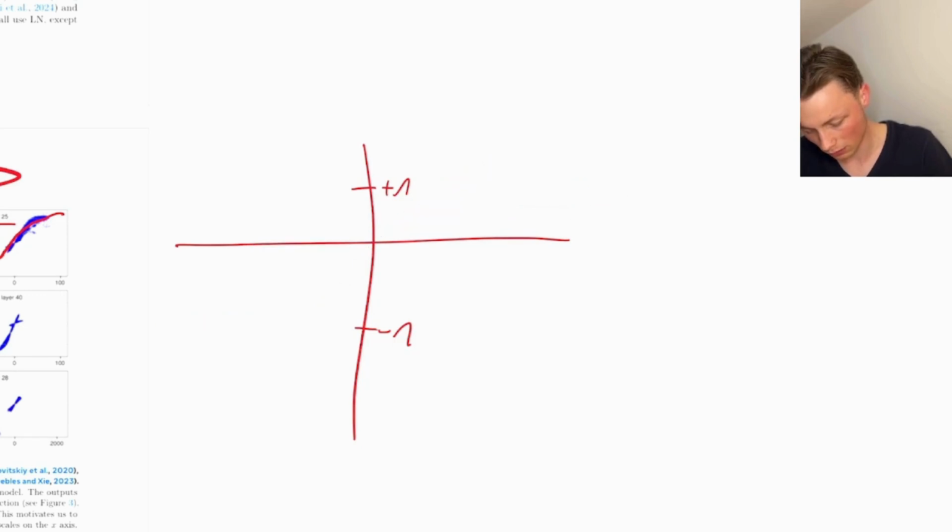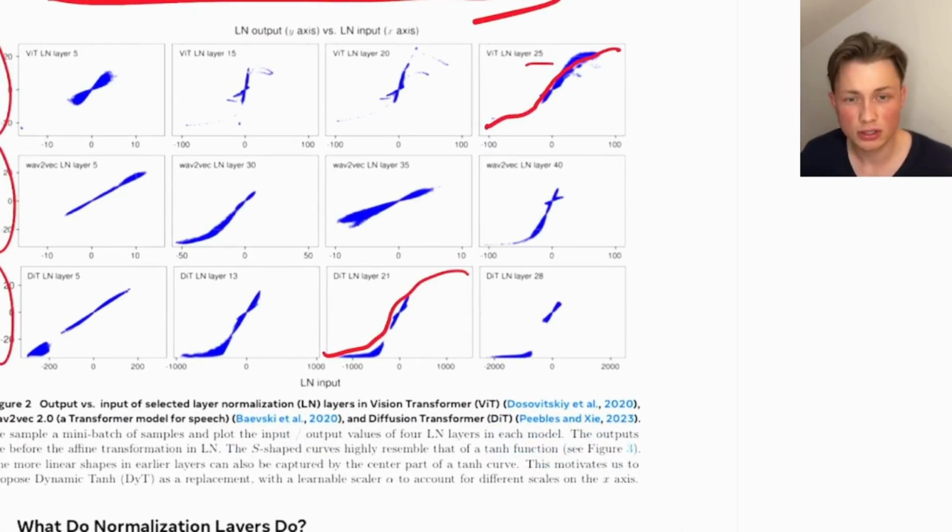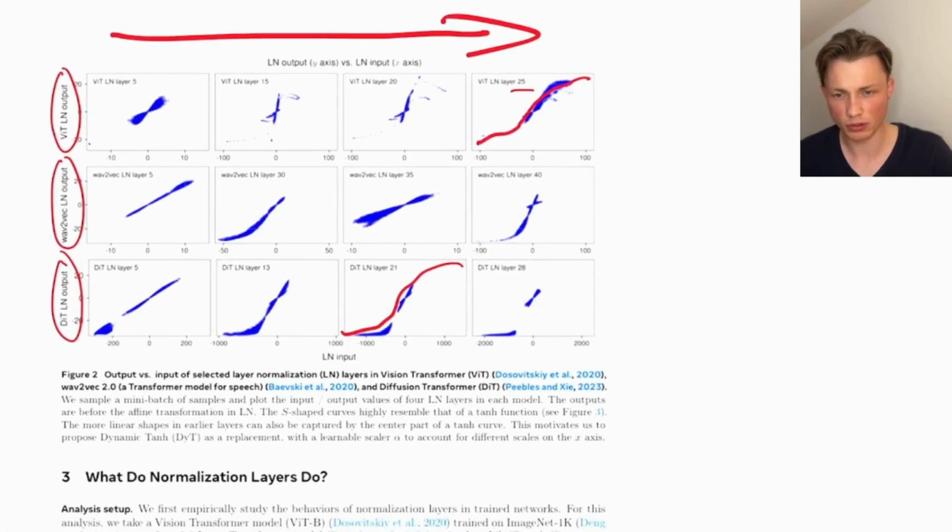Okay, so let's have a look again at this picture, and we see the more we get to the right, the more the LayerNorm gets non-linear, and it's more and more a tanh-like function.